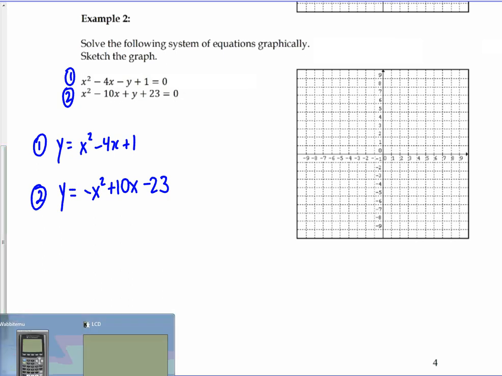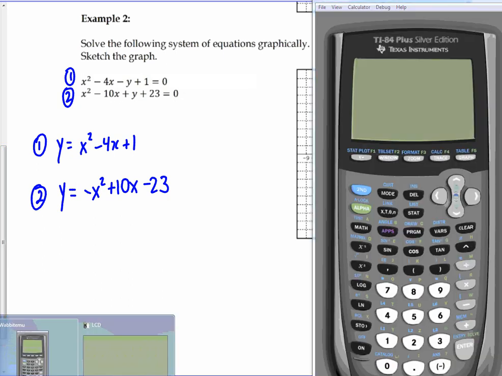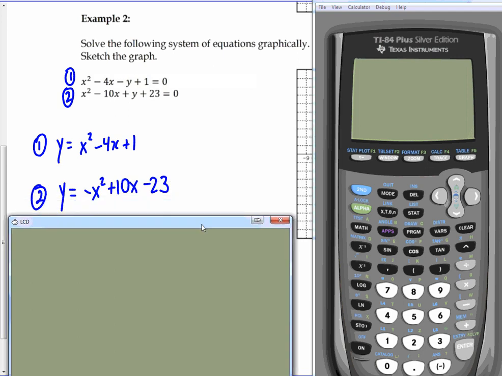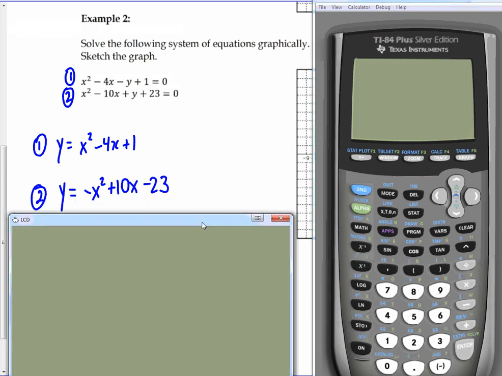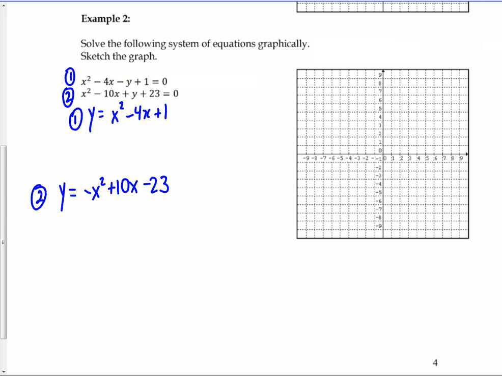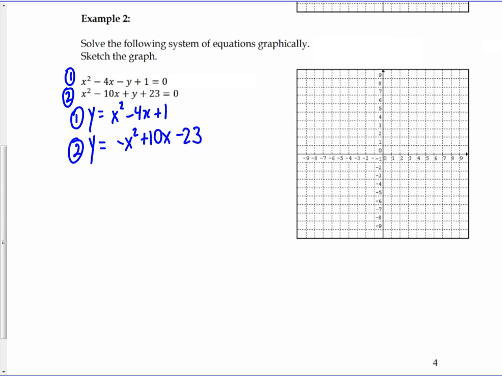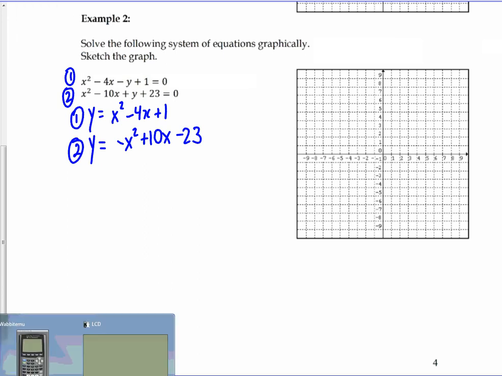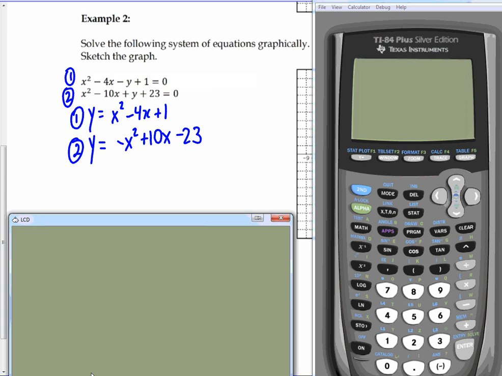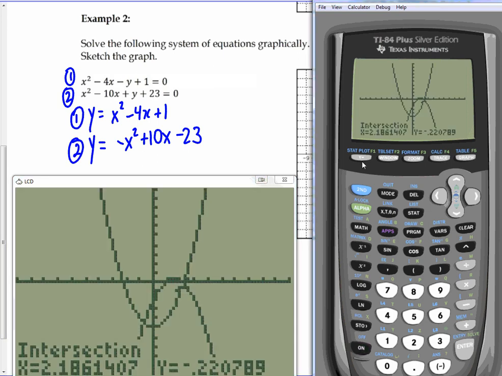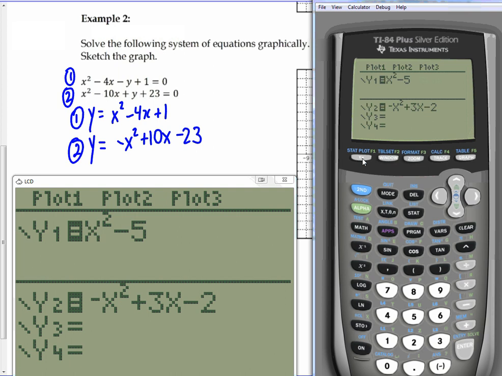Let's grab our graphing calculators and plug in both equations, and then we can get to the fun algebraic stuff. Okay, x squared minus 4x plus 1.